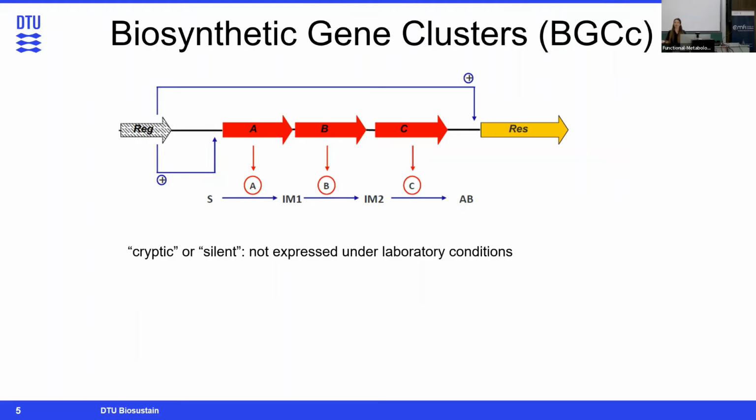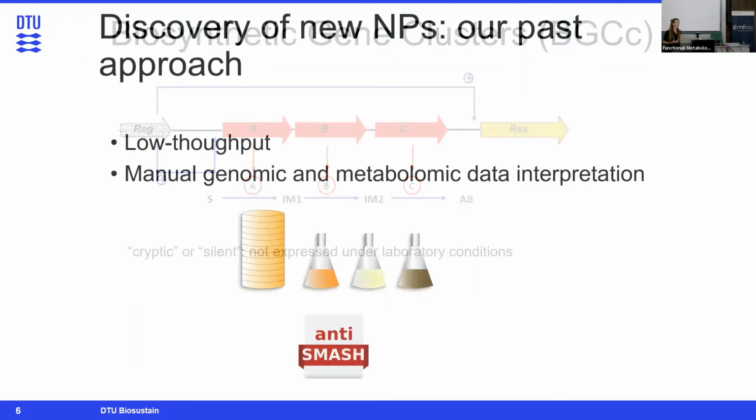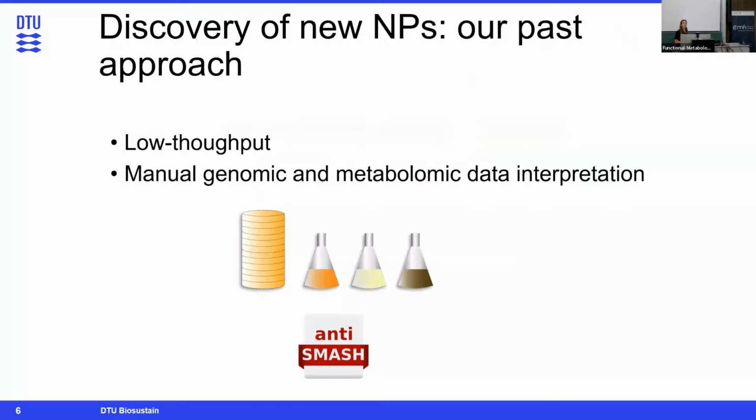We use different methods to do that. In the past, our methods were really low throughput in general, from doing this genomics, running our genomes in antiSMASH and intensely looking at the gene clusters for days until we figure out that something is interesting or not. The same thing was happening with metabolomics data.